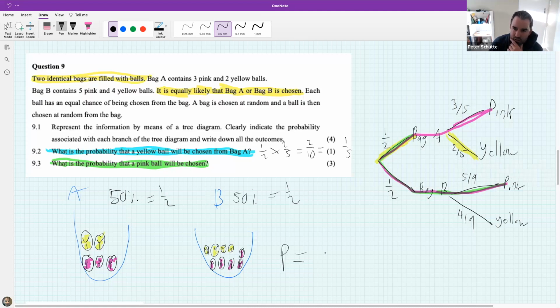And so what you need to do is go a half times 3/5 plus a half times 5/9. And I'm going to use my calculator because I can.